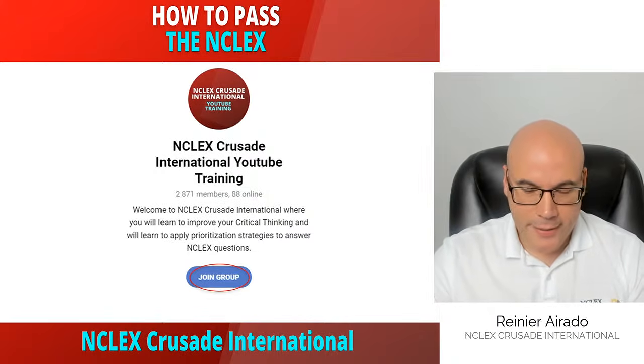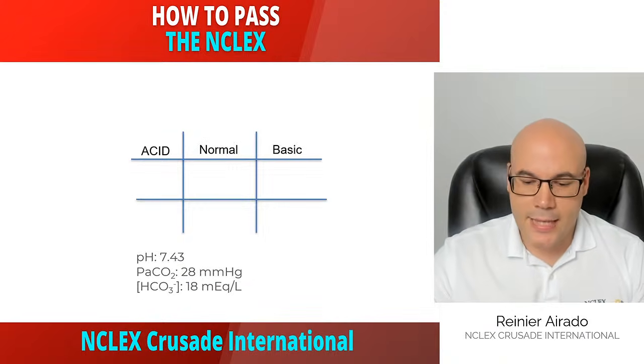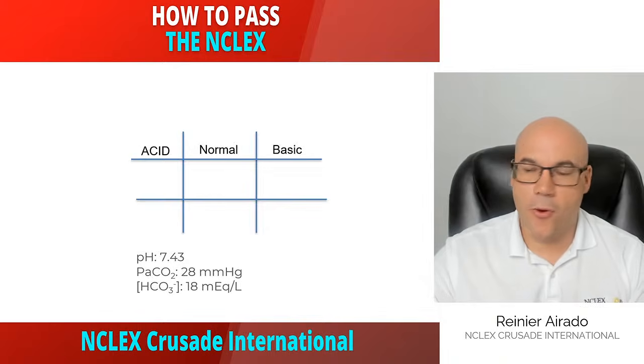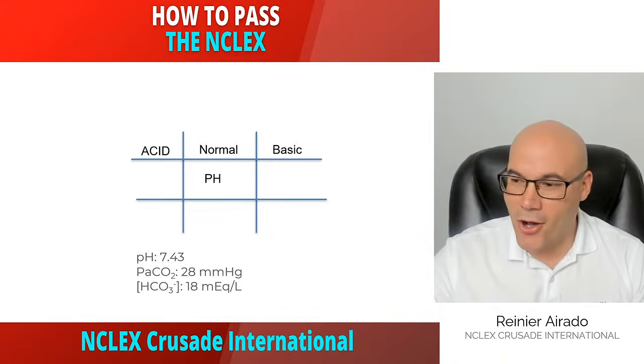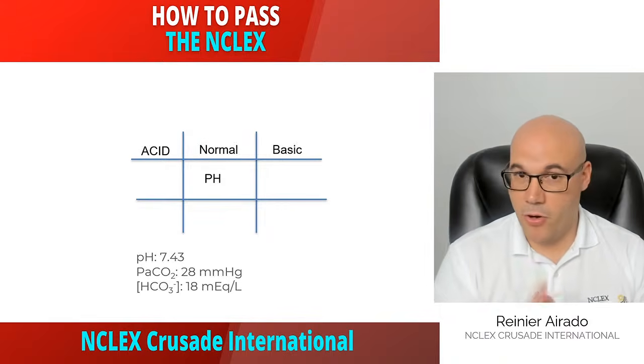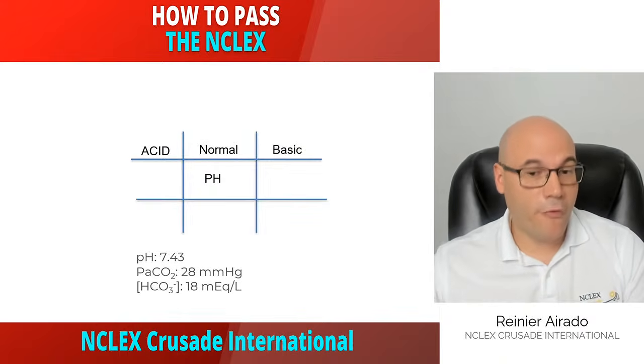All right. Let's go to the next scenario. We have a pH of 7.43. Now the pH is normal. Remember, normal values for pH are 7.35 to 7.45.